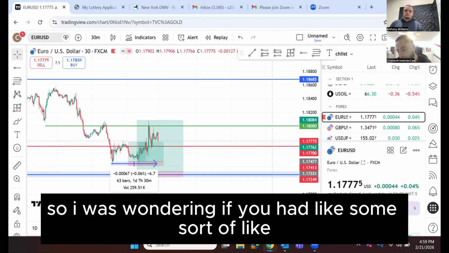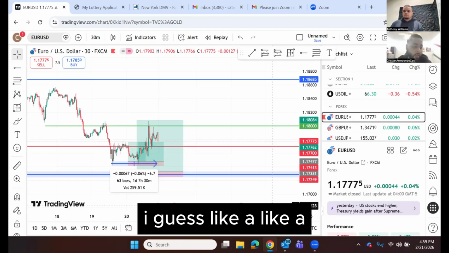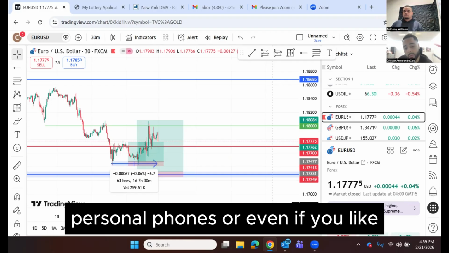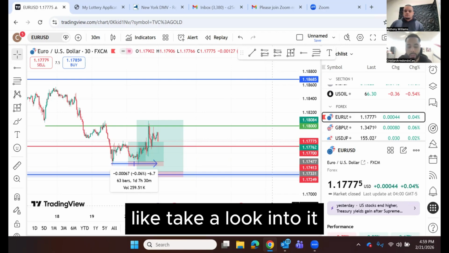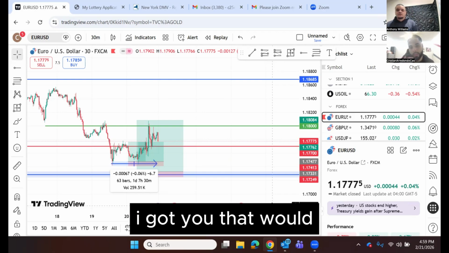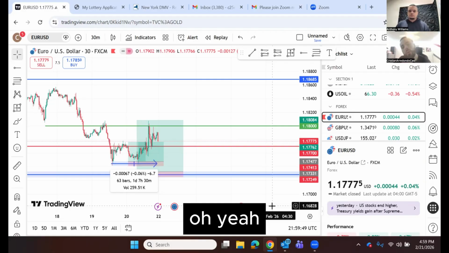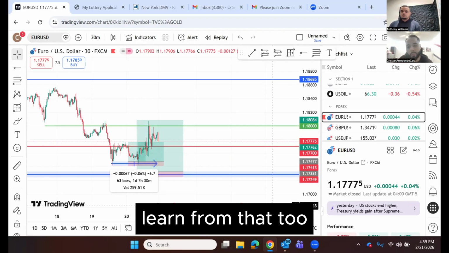So I was wondering if you had some sort of group chat on personal phones, or even if you sent me a text like, hey, I like the setup, take a look into it. That would also get my brain running, like, oh yeah, I see it, I like this, and I'd learn from that too.